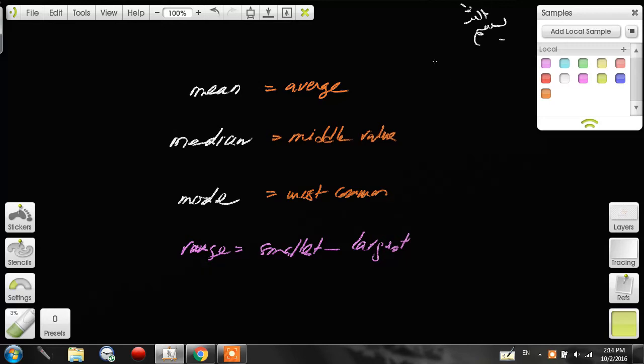We use all of these things to get the big picture about the given data.